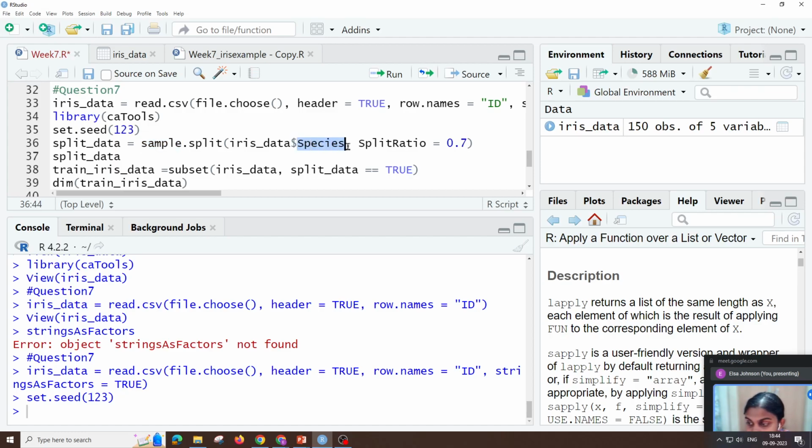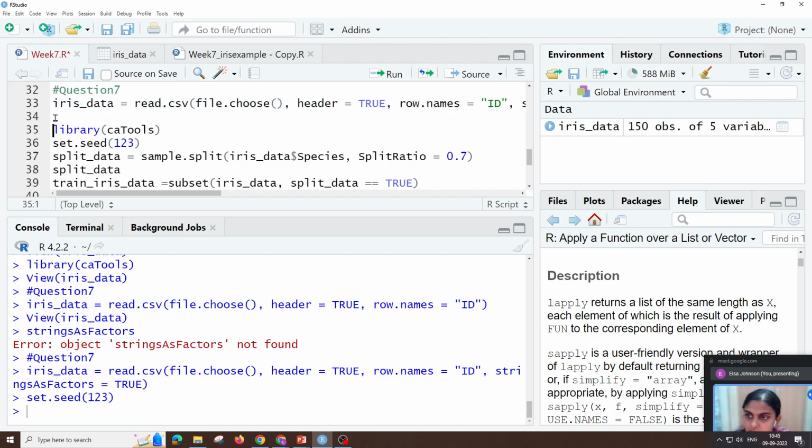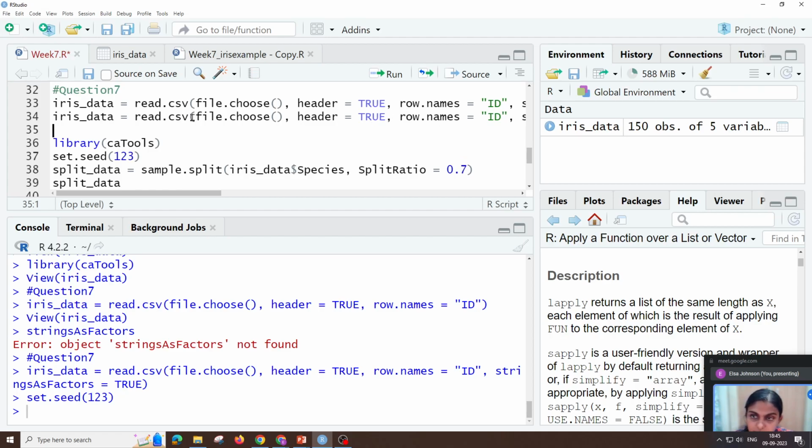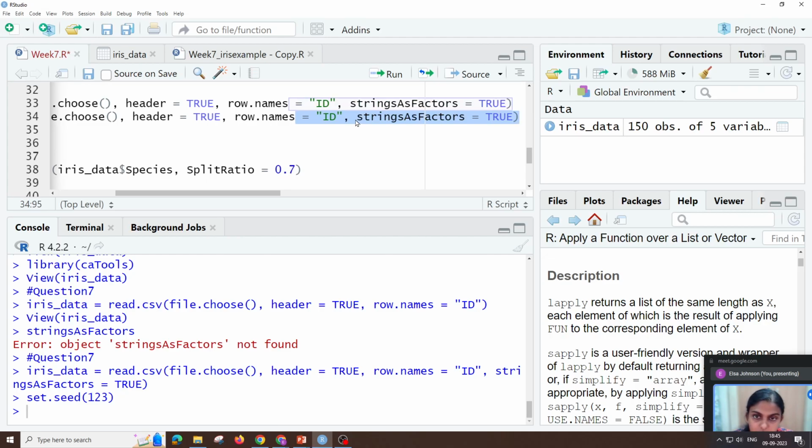Since we have converted it to factors, it will now categorize based on that particular column. Otherwise, without that, I will show the differences. I will take iris1 and remove the strings as factors equal to true.